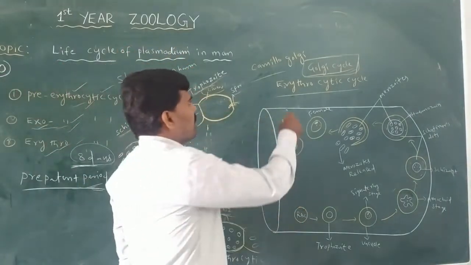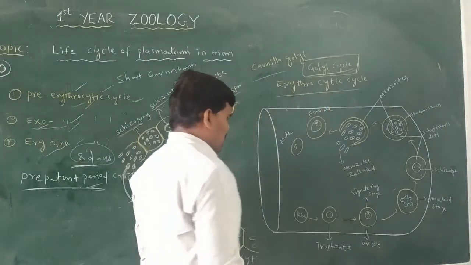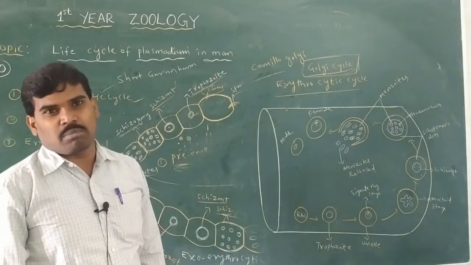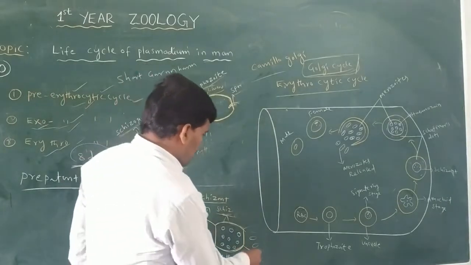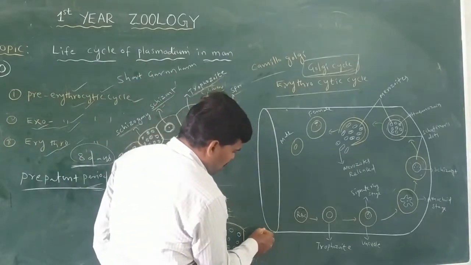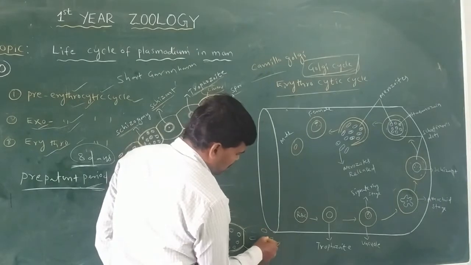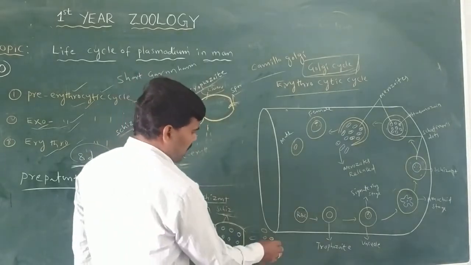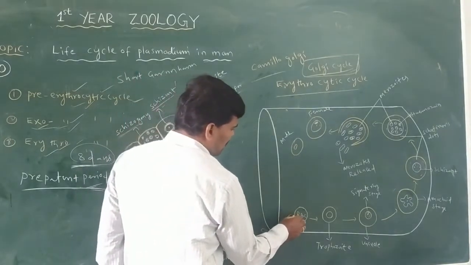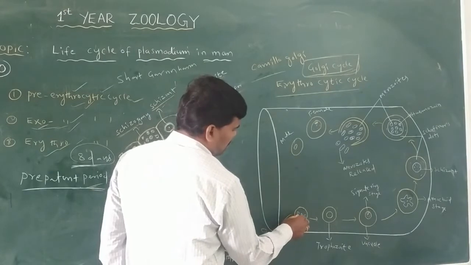The erythrocytic cycle is initiated by the small and big sizes, the micro and macro metacryptozoites. The micro metacryptozoites enter into the RBC.